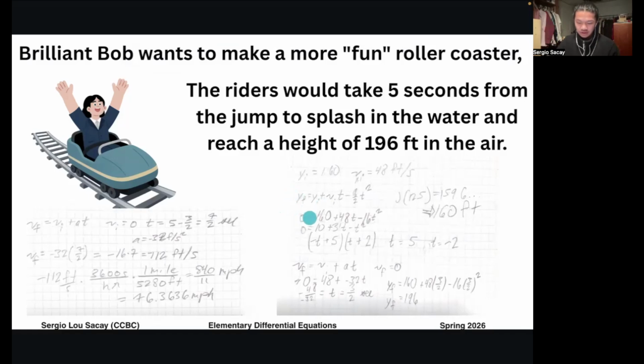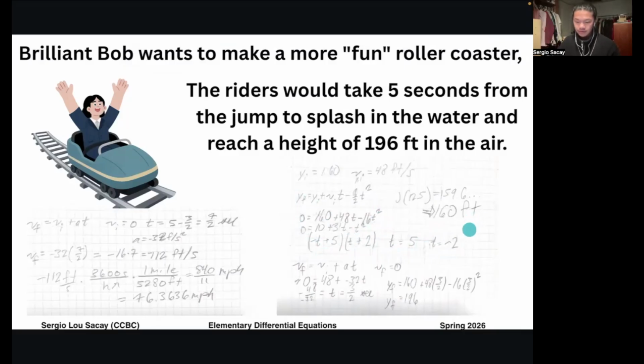And then divide through by 16. And then we can factorize this: minus (t plus 5) times (t plus 2). And then we see that t equals 5, t equals negative 2. So we ignore t equals negative 2 because we don't really consider going back in time.